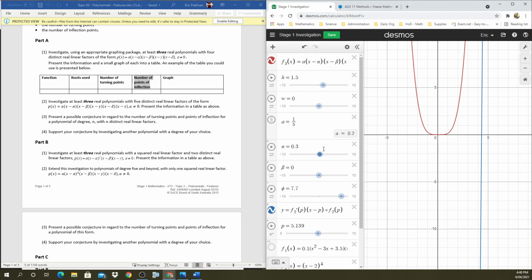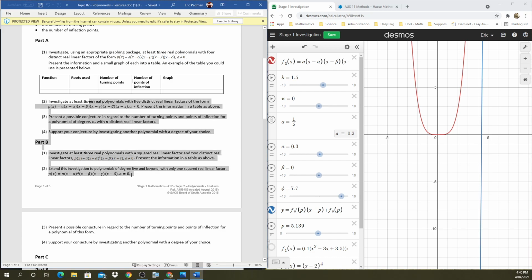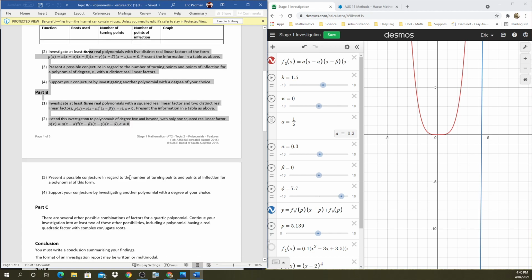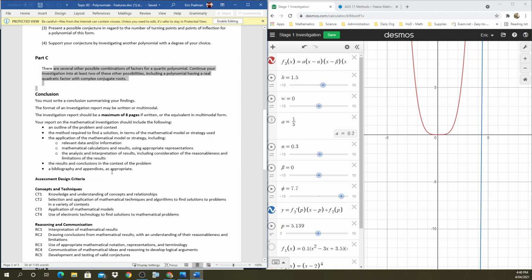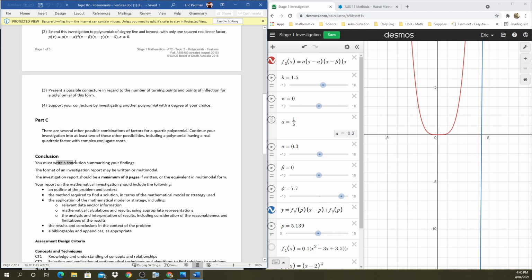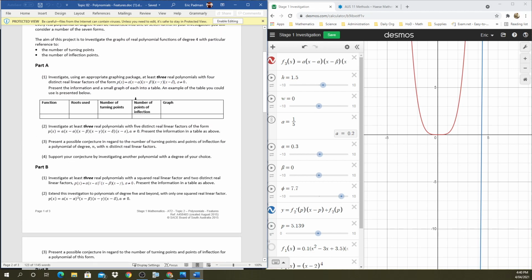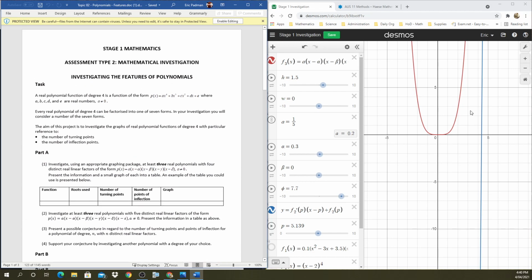So that's why in the early parts of the investigation, they'll tell you to do it a certain way, and you'll see some interesting patterns, and then you have a lot more freedom when it comes to the other parts. I'll cover in more detail later on what you actually have to do as far as writing the report. But at this point, do some graphs, write some tables, and have some fun.